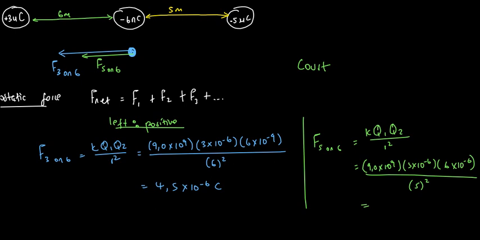It's going to be 10.8. 10.8. Multiply by 10 to the power of 9 minus 6, which is what? It's 3. 3 minus 6 is negative 3.